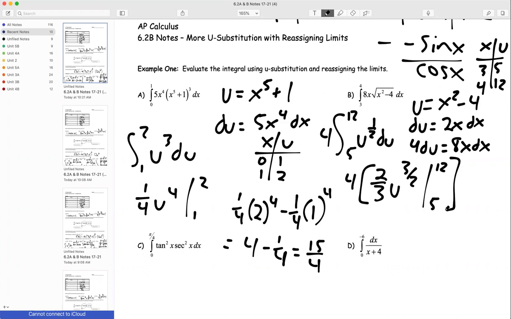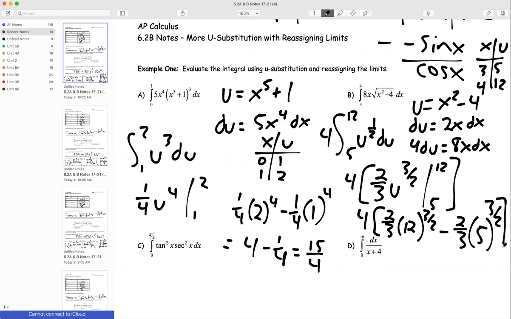You've got to plug in your bounds in order to get full credit. If you just leave it at this step, this would not get credit. Okay, so I plug in my 12. So I've got 4 times 2/3, 12 raised to the 3/2 minus 2/3, 5 raised to the 3/2.